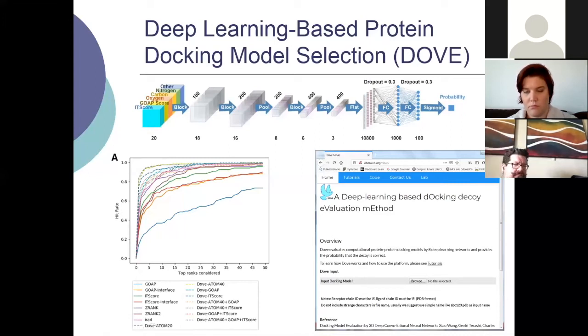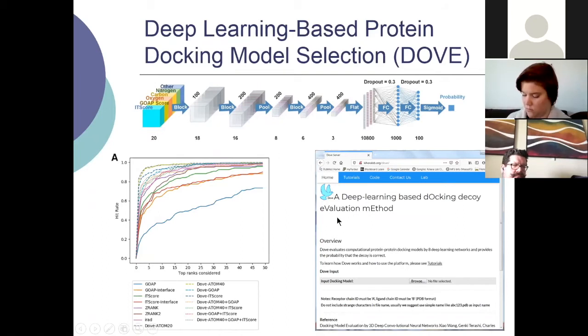Previously we used GOAP, DFIRE, and ITScore for ranking models, but this method uses deep learning to capture the observed distribution of atom positions at the interface. You input a protein complex model, and this method captures the atom distribution at the interface and tells you if a model is likely to be correct or incorrect.